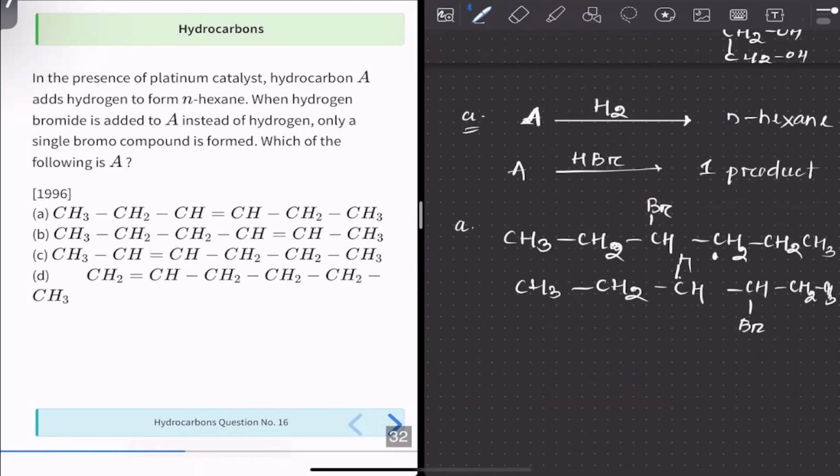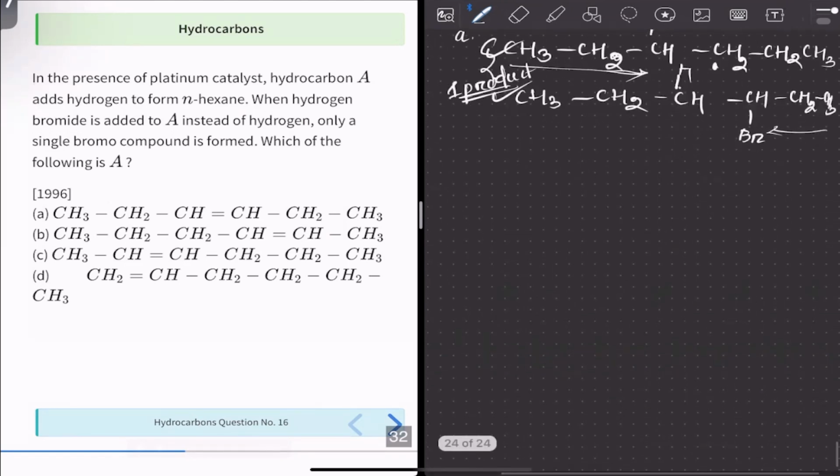But notice these two compounds are the same, because from this side the bromine position is 3 and from the other side also the bromine position is 3. So it is one product, not two. So it is satisfying the question. We got our answer in the first option itself, but let's check the other three options.